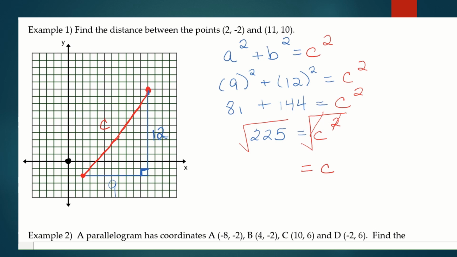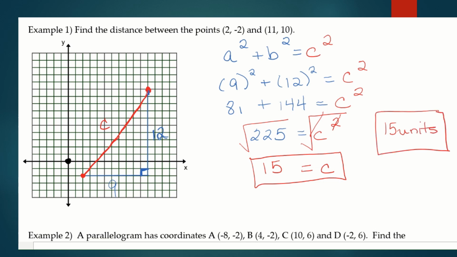And then the square root of 225, remember we do typically get two answers for that, a positive and a negative value. In this case it would be positive and negative 15. However, since we're talking about a length for a figure, we're only going to concern ourselves with the positive value. So in this case, the distance between these 2 points is 15 units.